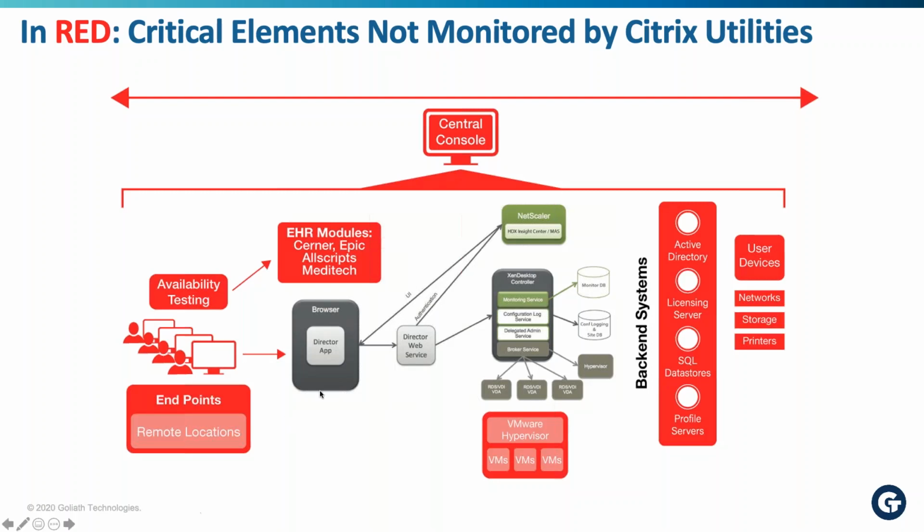So if you look on this slide in the middle of the screen, you can see that everything that is not red is what Director is going to be monitoring, which of course is very good, but we know that there are a lot more things that impact user experience that you're not going to get from Director, like endpoints, the applications that they're running, the hypervisor visibility, those back-end systems, and then take into consideration those core specific user experience metrics and things that impact that, like their Wi-Fi or their connectivity at their location, network configurations inside of your data center, user access, and so on and so forth.